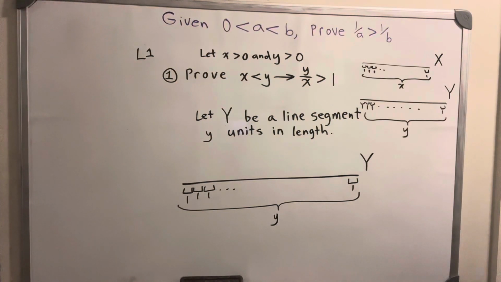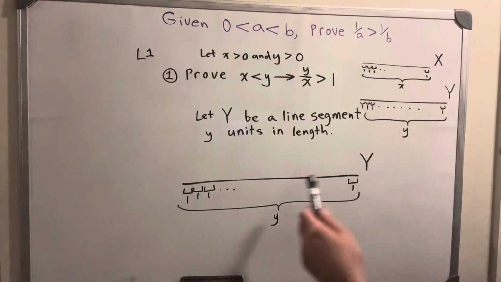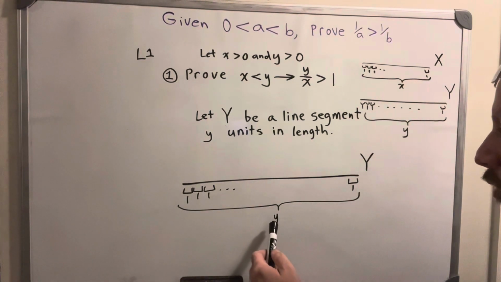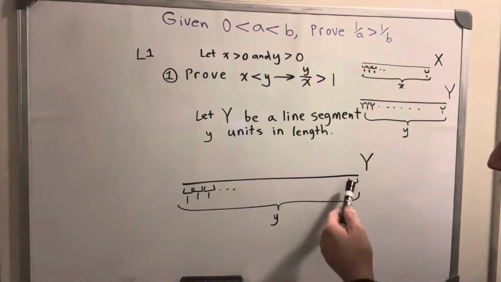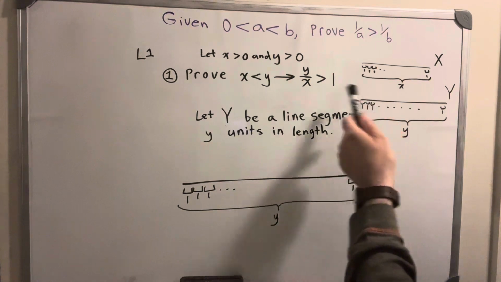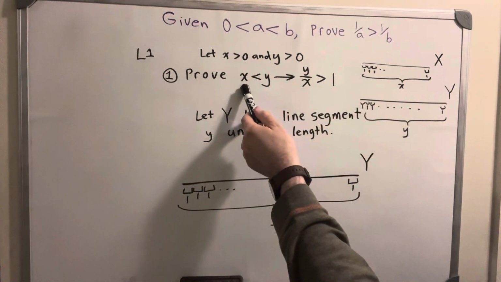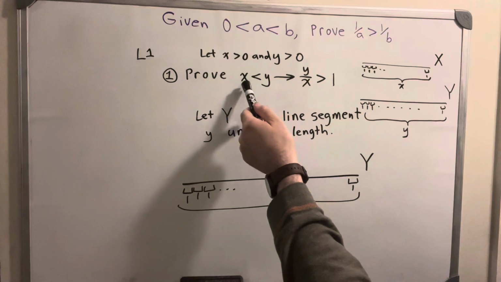Okay, and then let me say that capital Y is a line segment, lowercase y units in length. So here's line segment Y, with lowercase y number of unit length segments. And here they are. I've drawn them. We're starting with the proposition that y is greater than x.